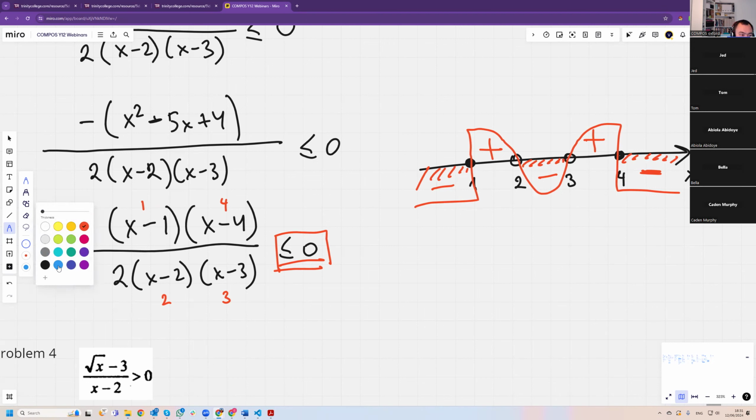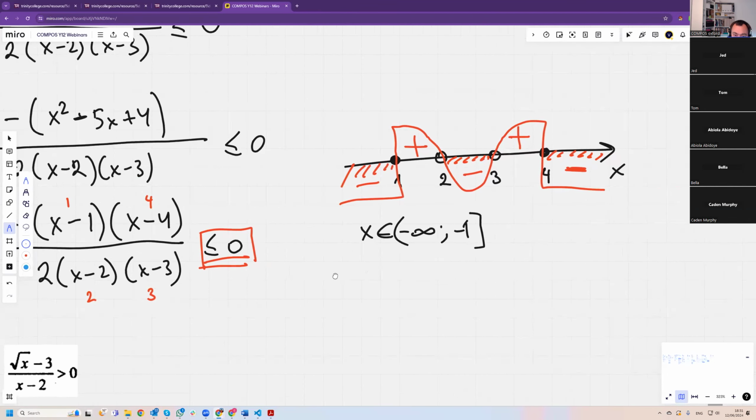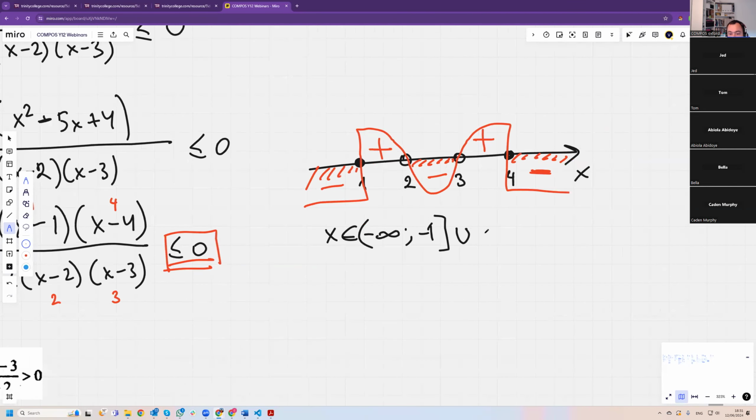And then we just write down the answer. X belongs to from minus infinity to minus 1, including. The infinity is never included because it's not a real number. And from 2 to 3, or from 4 to plus infinity, not including.